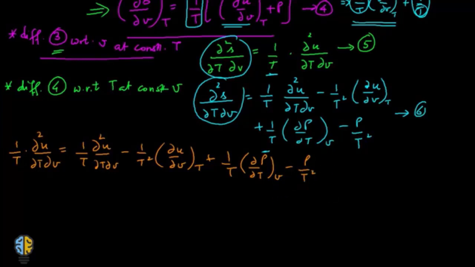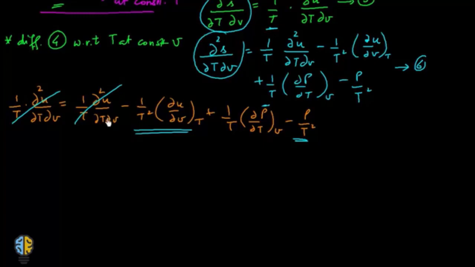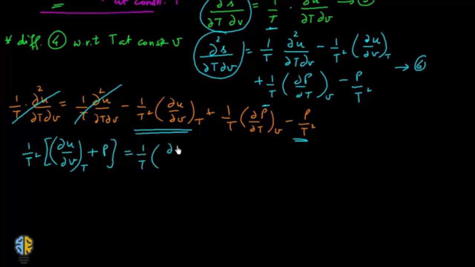Alright. Now from this equation I can strike off these two terms directly. Okay, and let me take these two terms on the left hand side of the equal to sign. So you'll have 1 by T square into ∂U/∂V at constant temperature plus the pressure. This is equal to 1 upon T into ∂P/∂T at constant volume.